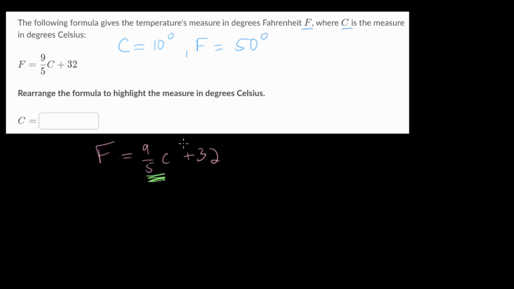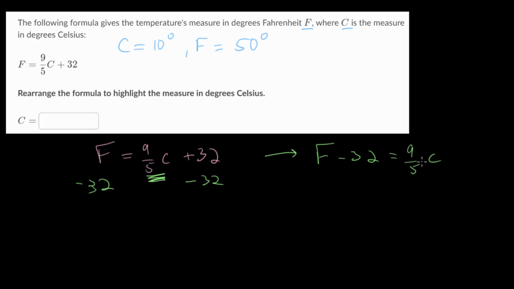And right now it has this plus 32 essentially attached to it, so we can cancel out this plus 32 by doing the opposite. We can subtract 32 on each side of the equation so that we get F minus 32 is equal to 9/5 C.